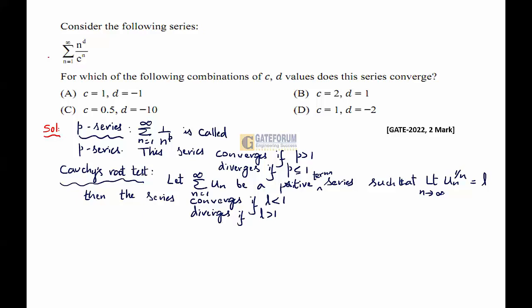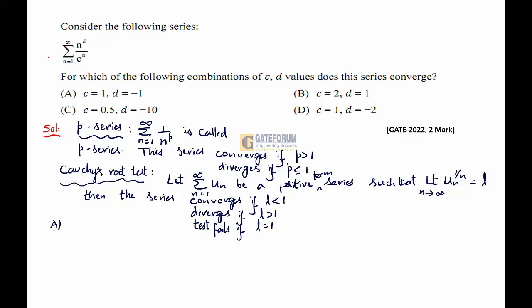L is a number, L is a value. The test fails. That is, this method, Cauchy's root test, fails to say converge or diverge if L is equal to 1. So based on these two, I am verifying the options A, B, C, D, whether the series converges or not.